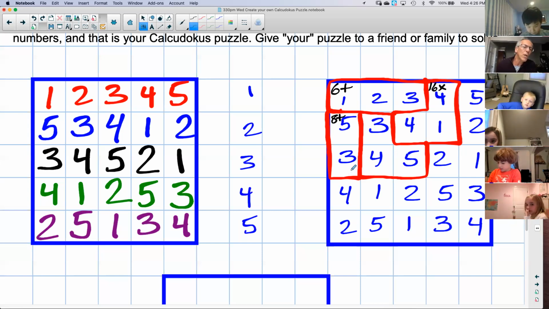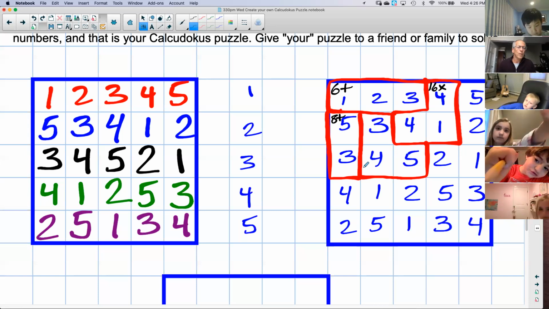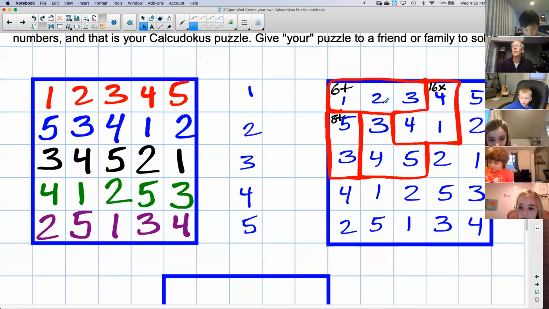You can only use addition or multiplication. Who wants to take a shot at it? Go, Brennan. 12 plus. Ooh, I think you chose the right one. Oops, I wrote 12 times. Sorry about that. 12 plus.